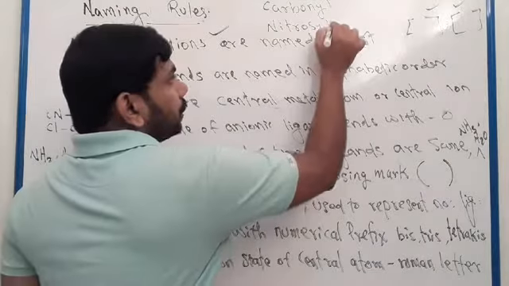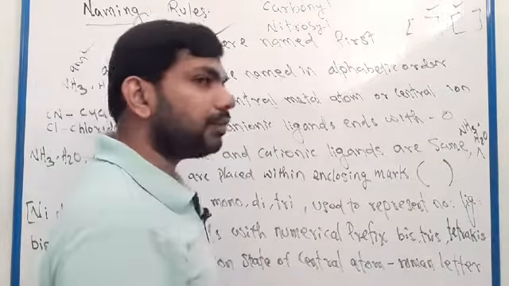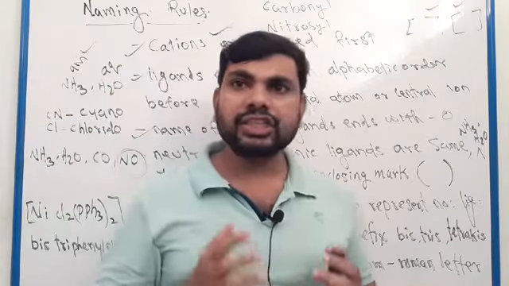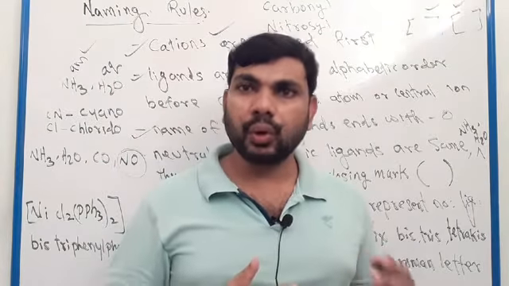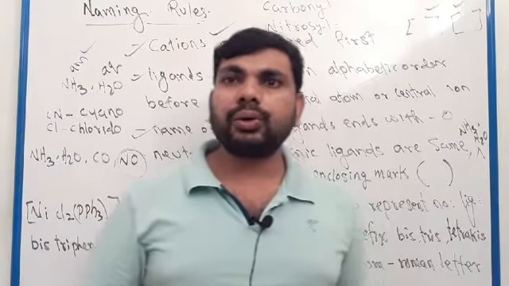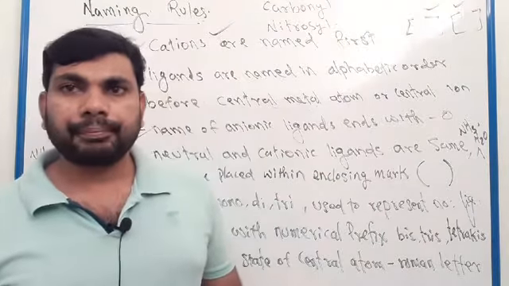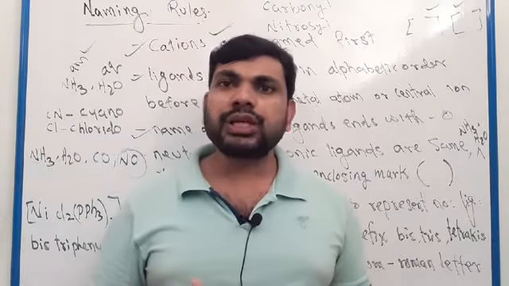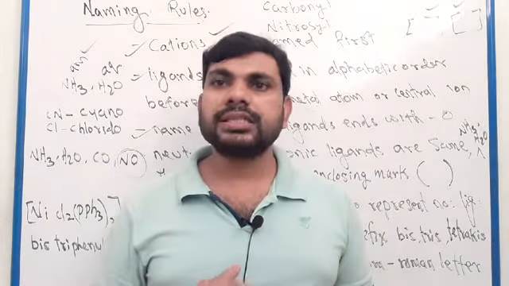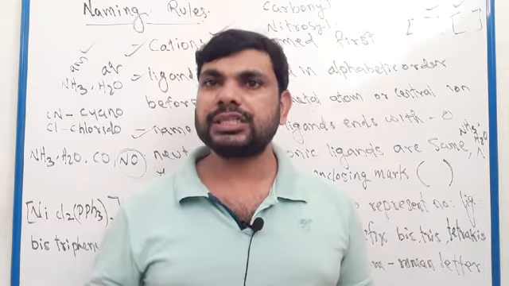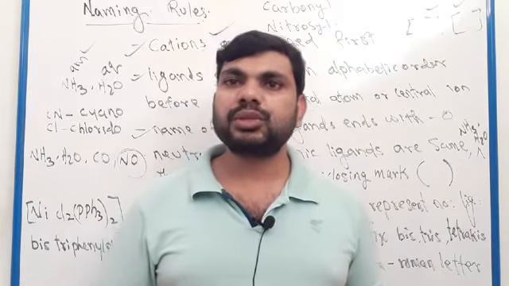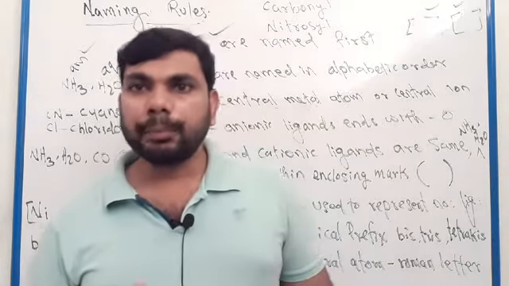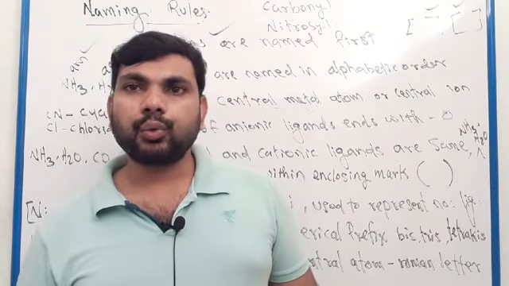So here, anionic ligands have names ending with the letter O: chlorido, cyano, etc. But ligands with positive charge or neutral ligands are named the same as their species name. But there are exception cases: NH3 amine, H2O aqua.